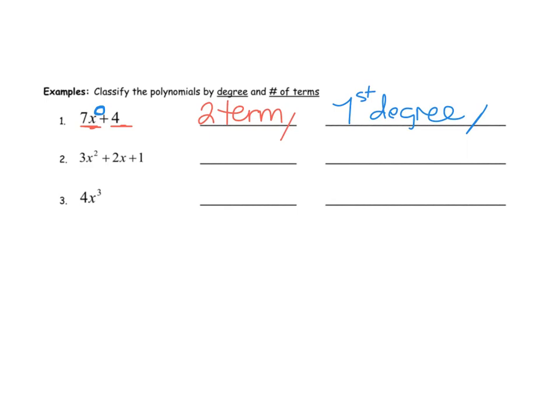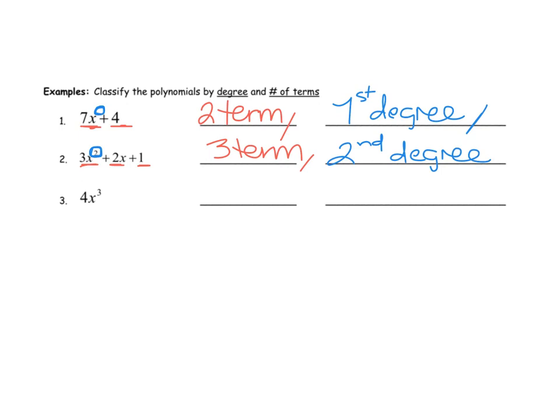In our next example, we have 1, 2, 3 terms. Sometimes that's called a trinomial. And the highest degree is a 2, so we would say that that is a 2nd degree polynomial, and sometimes we call that a quadratic polynomial.